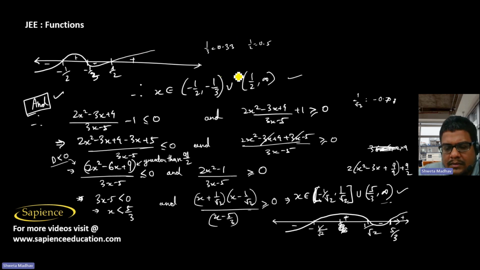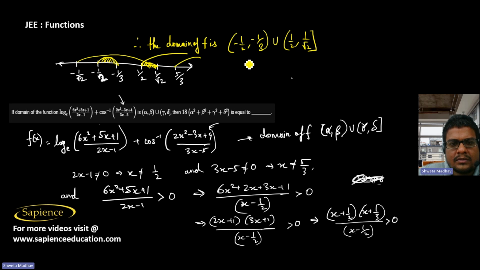This is the required domain. So therefore alpha is minus half, beta is minus 1 by 3, gamma is 1 by 2, and delta is 1 by root 2.